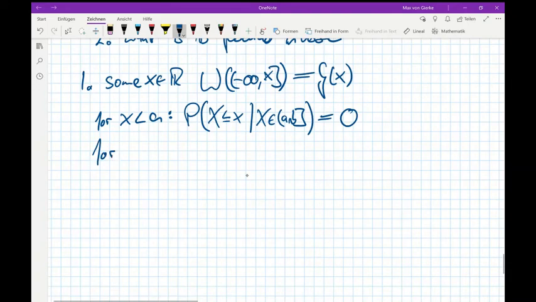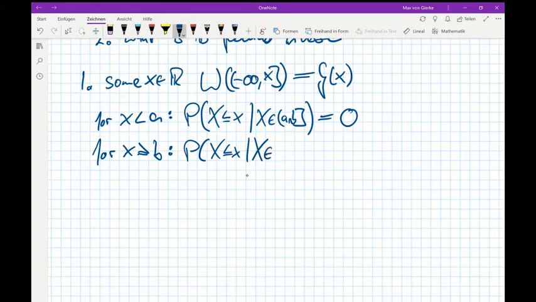For x bigger or equal than b, we have that capital X is in [a, b].